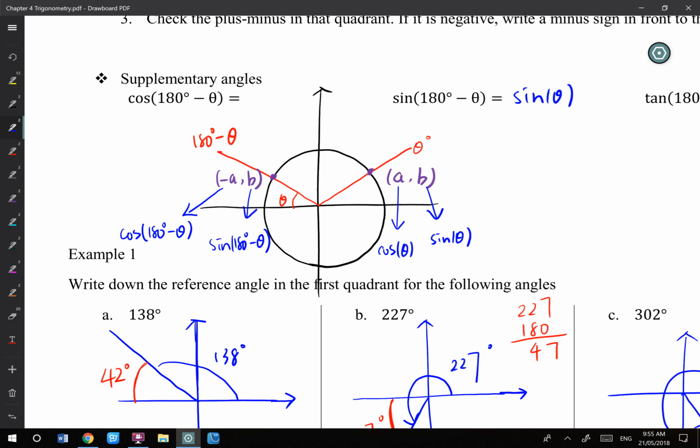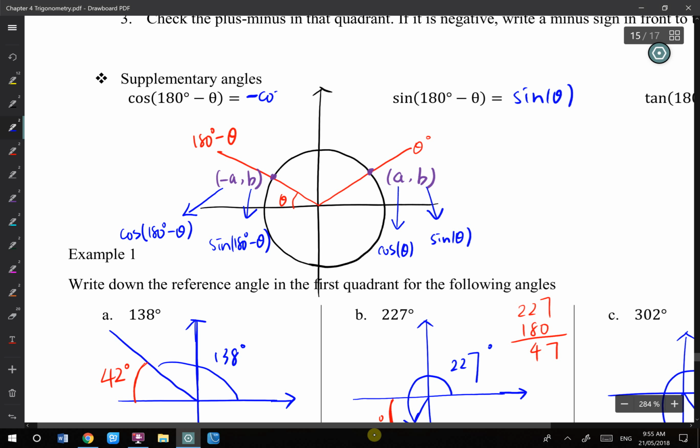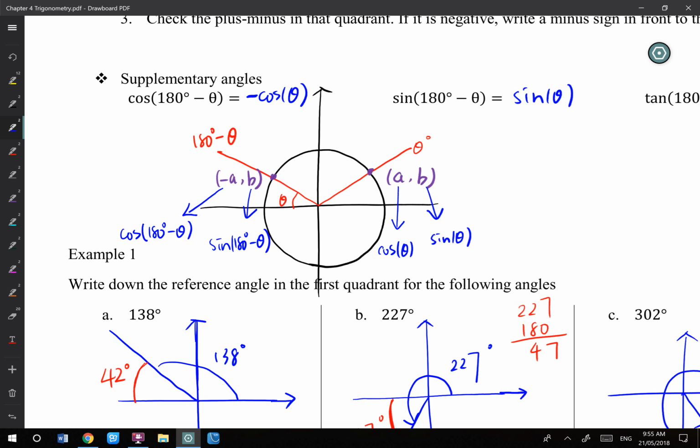For cosine of 180 minus theta, that will give you minus cosine theta, because minus A and A are the negative of each other. So it's the negative cosine theta.